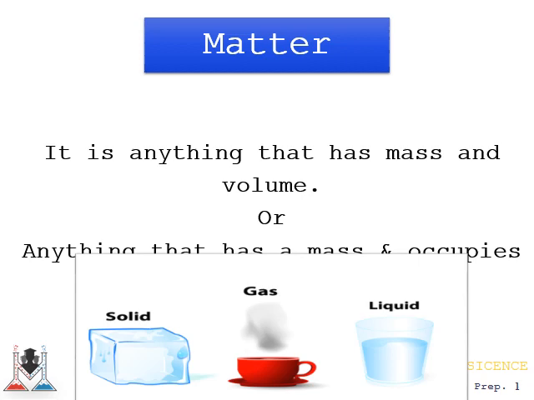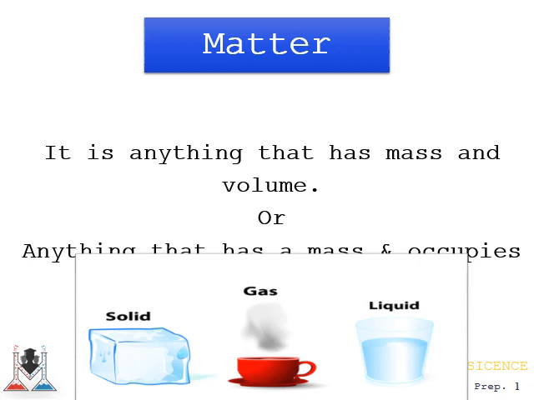We studied before that matter exists in 3 states: solid, gas, and liquid. So let's prove that all solids, all gases, and all liquids are matter. If you have a table and you try to push this table, you will feel that it's heavy, so it has mass.